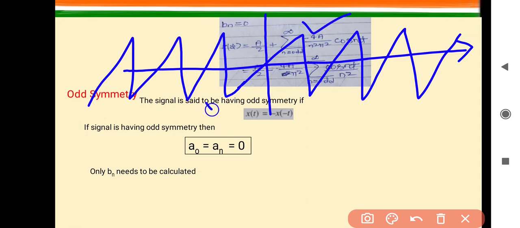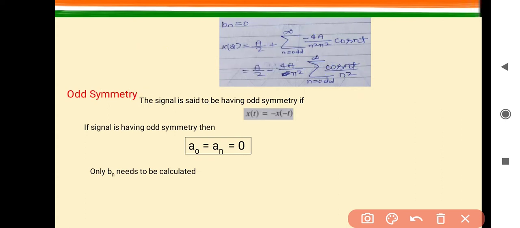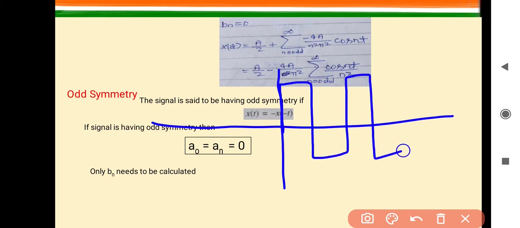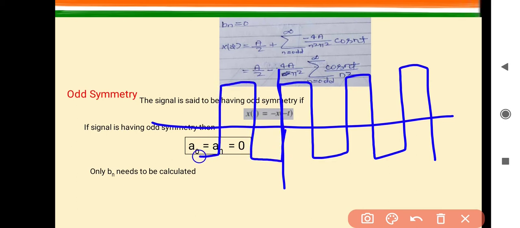As it appears in the first quadrant, it will appear in the same way in the third quadrant, and many other examples are there for symmetry about the origin. We can also plot a rectangular function, as it is also an example of odd symmetry or rotation symmetry.